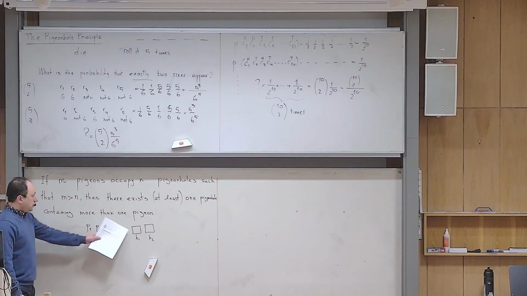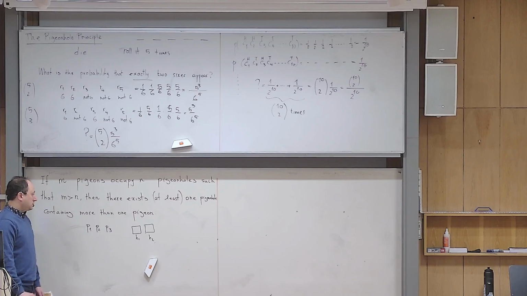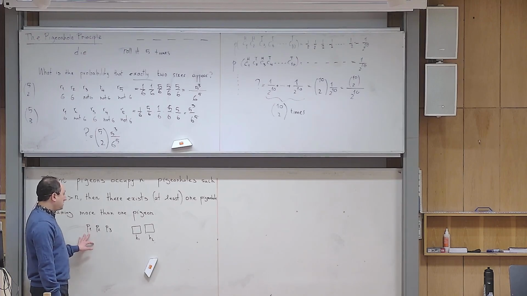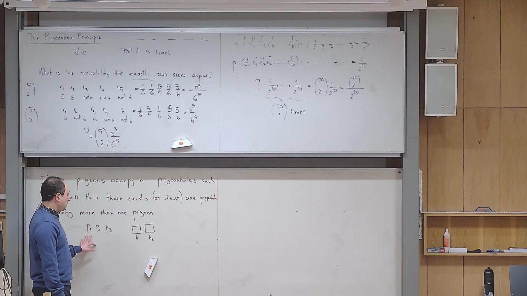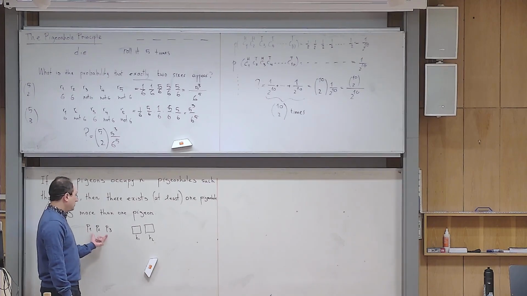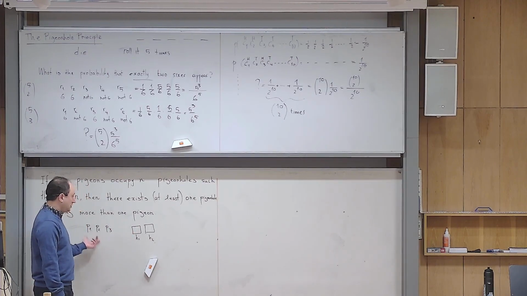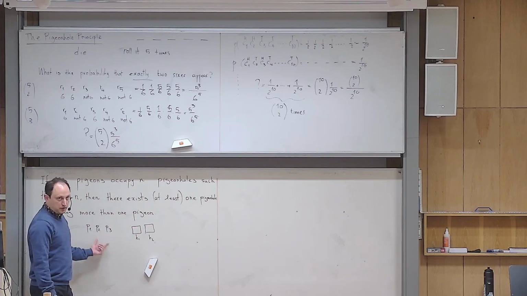If they are supposed to occupy these 2 locations, it is clear that there should be at least 1 pigeonhole containing more than 1 pigeon. But it doesn't say there is no pigeonhole containing more than 2, because they might decide to all go into 1 pigeonhole. One of them is left empty, but one of them contains all of them. So these are different possibilities.